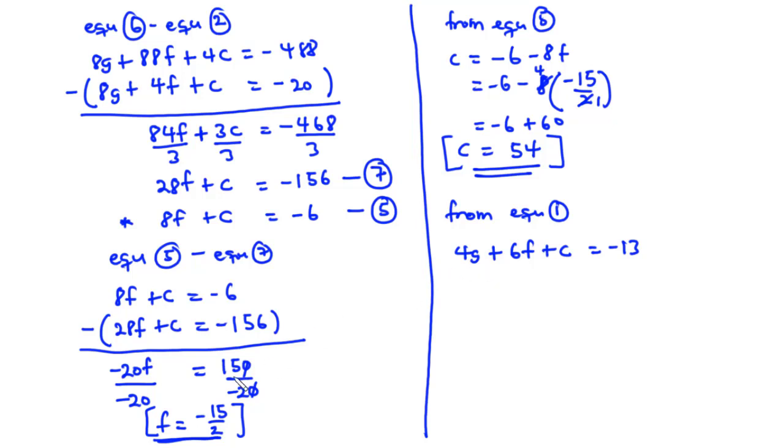So let's substitute the values of F and then C into this equation. So we have 4J plus 6 times F, F is negative 15 over 2, plus C, that is 54, equals negative 13.